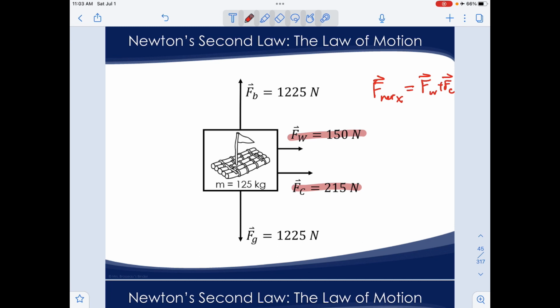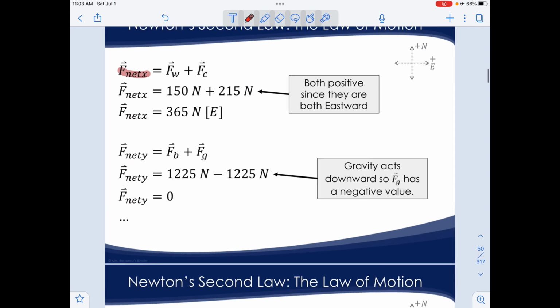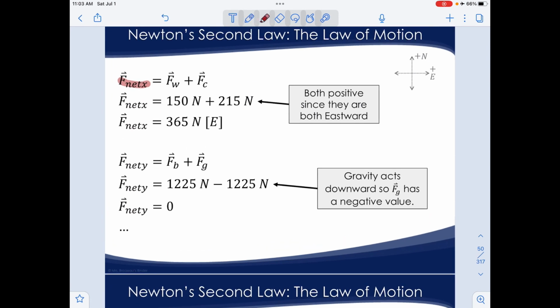They're both acting in the same direction, so we just add them. 150 plus 215 is 365 newtons east. Both are positive since they are both eastward.